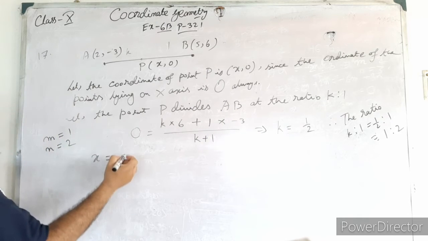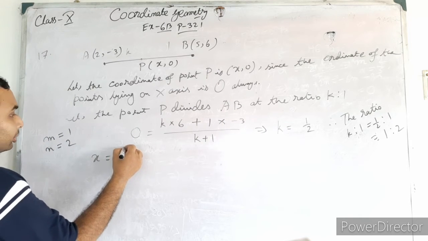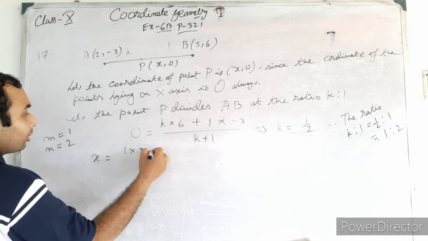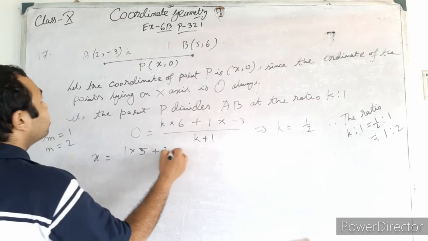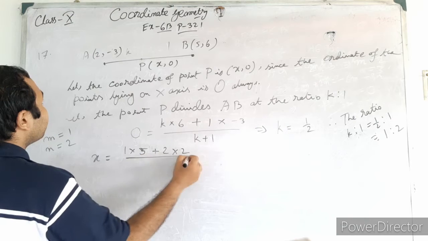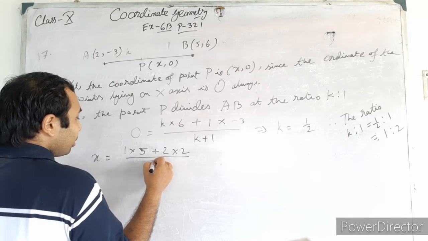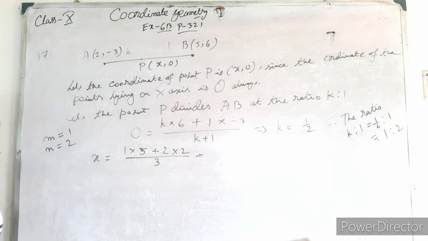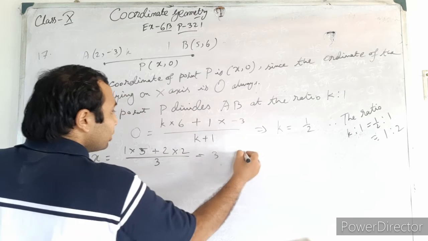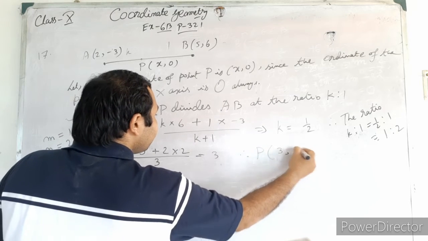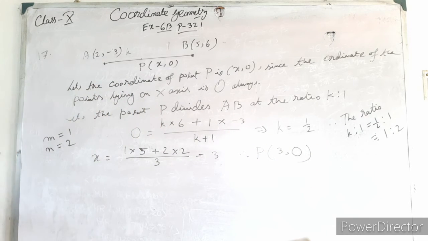So x equals m x2, that is 1 into 5, plus n x1, that is 2 into 2, by m plus n, that means 1 plus 2, which is 3. So 5 and 4 is 9, by 3, it is coming 3. So obviously P will be (3, 0). This is the answer to the question.